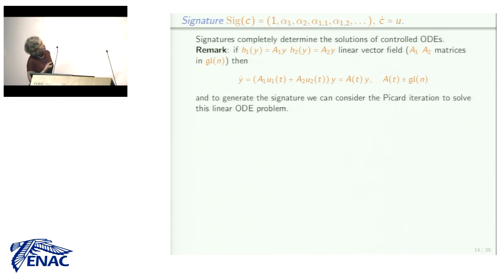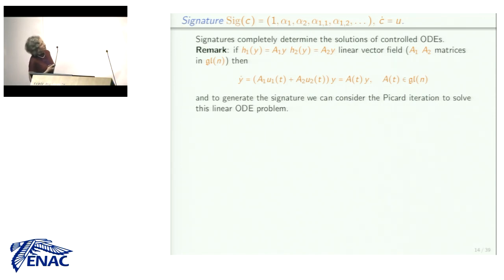Suppose that my vector fields in the previous problem are linear vector fields for the sake of simplicity. So they are given by a matrix A1 times Y and another matrix A2 times Y. Then I plug that in my controlled ODE, and I can rearrange the terms so that I get A1 U1 plus A2 U2. This is a matrix A of t times Y. So this is a time-dependent linear ODE, and A of t is in general in the general linear algebra.